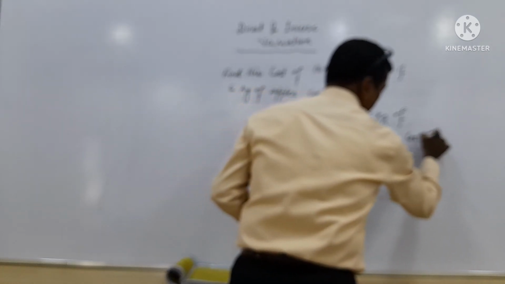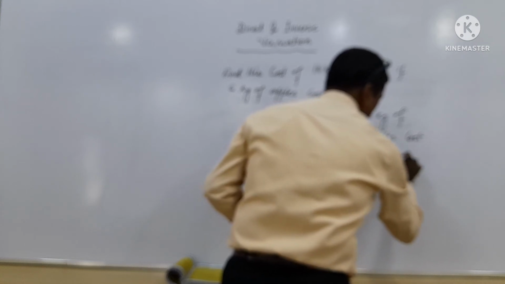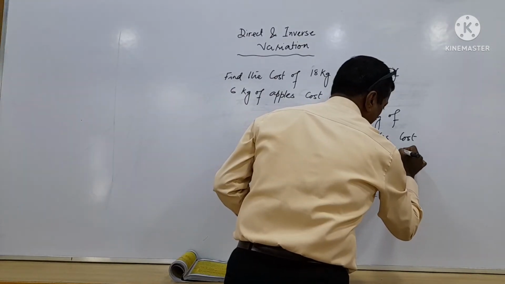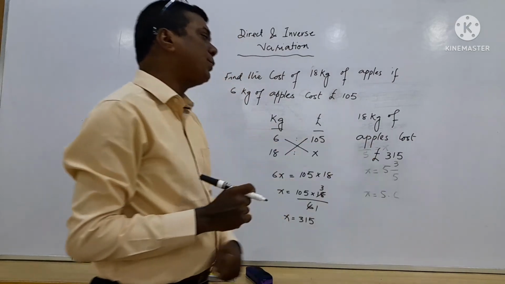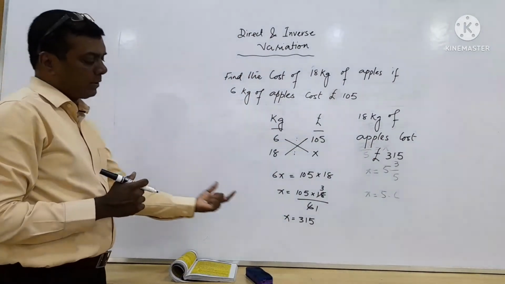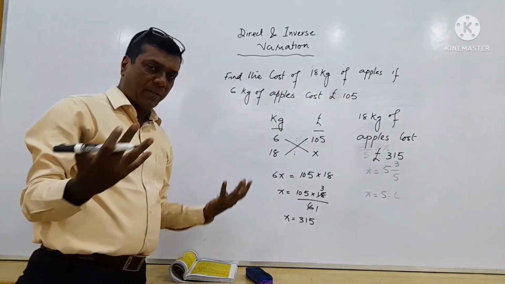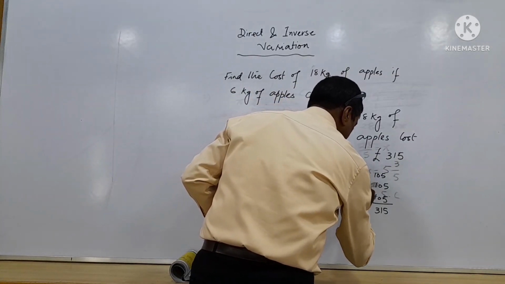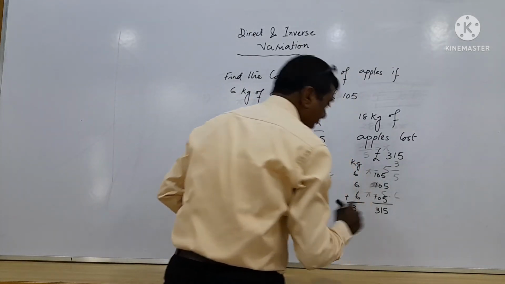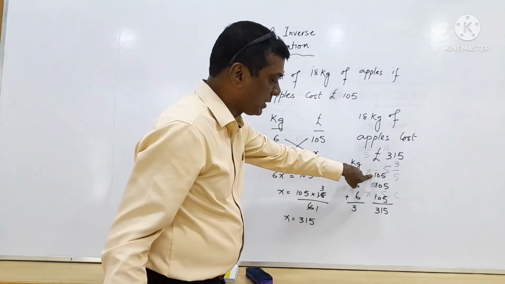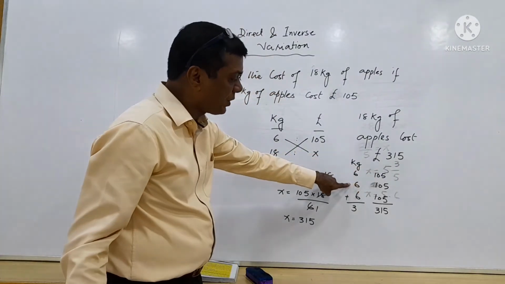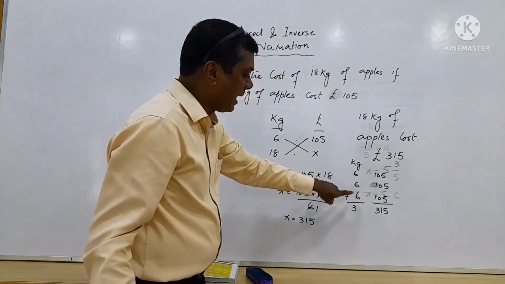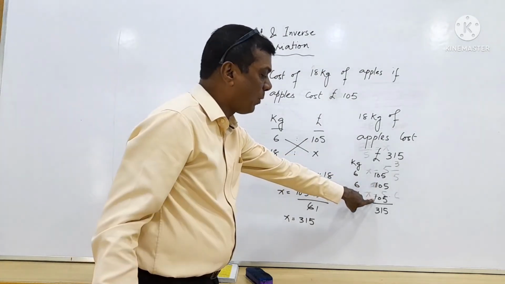So then I can say that 18 kg of apples cost 315 pounds. If you want to check whether the answer we have got is correct or not: 6 kg is 105, and another 6 kg is 105, and another 6 kg is 105.